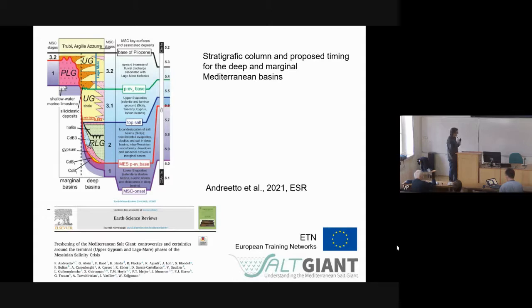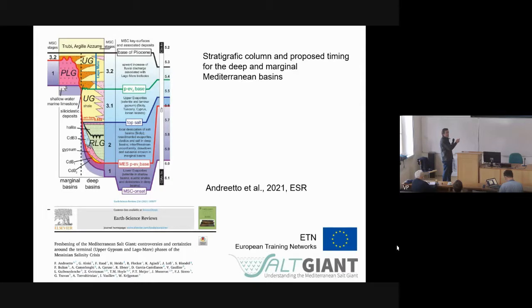Okay, so slowly the consensus about what is the stratigraphy of the basin is not easy, but let's say that the overall view I extracted from this recent paper related to our ETN project, Salt Giant, is that the primary lower gypsum is the first thing that happened in the margins, and then after that you have reworked deposits falling into the deeper parts of the basins.